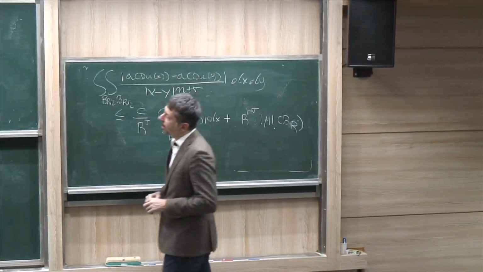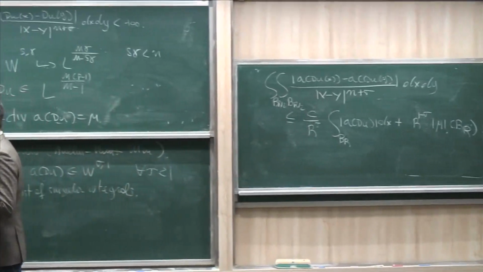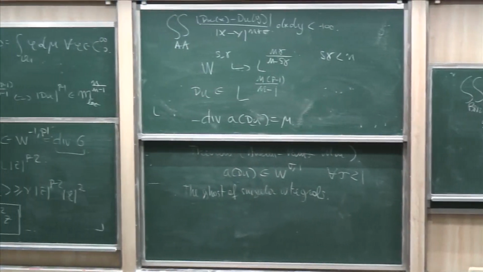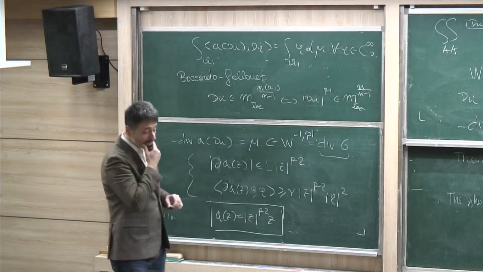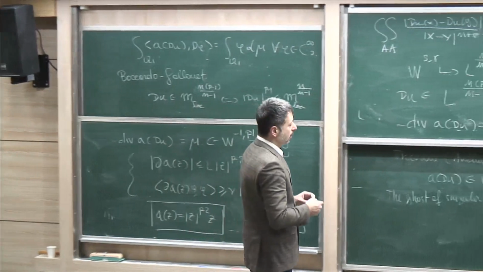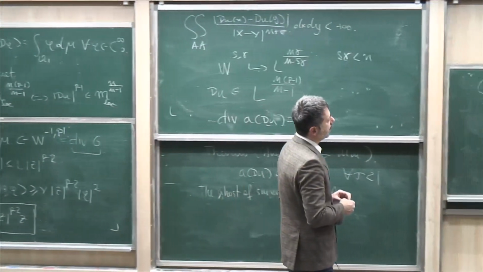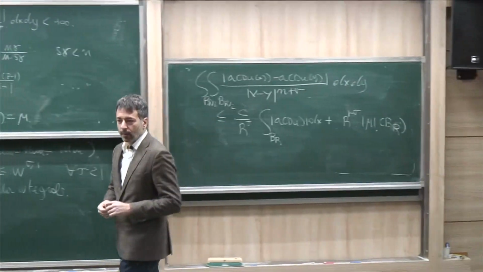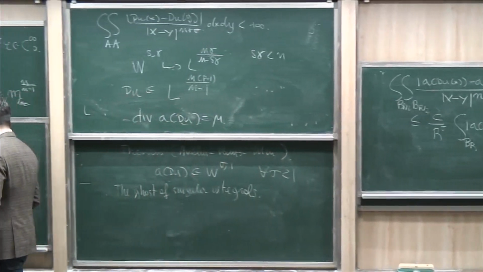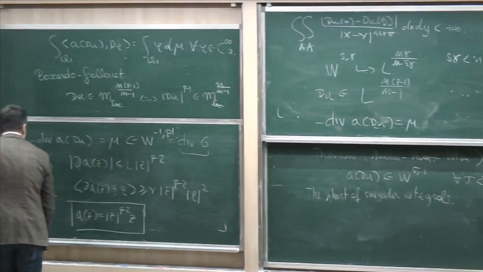So therefore, if there's a ghost of singular integrals, then there should be a ghost of fractional integrals. And now we go to the other ghosts, and we go to nonlinear potential theory.